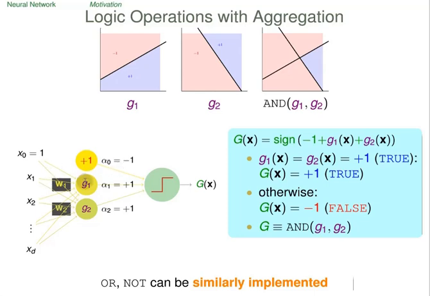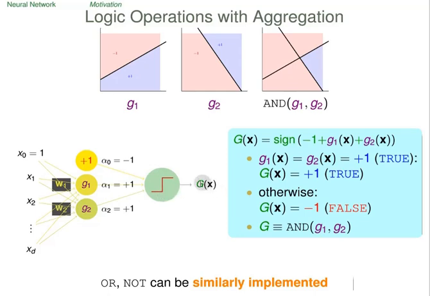Graphically, the aggregation of two perceptrons, G1 and G2, will take the following layered structure. So we have the input, the first layer that consists of two perceptrons, G1 and G2. And in the second layer, we have another single perceptron, denoted by big G, that takes the outputs of G1, G2 as input and implements the Boolean AND function.